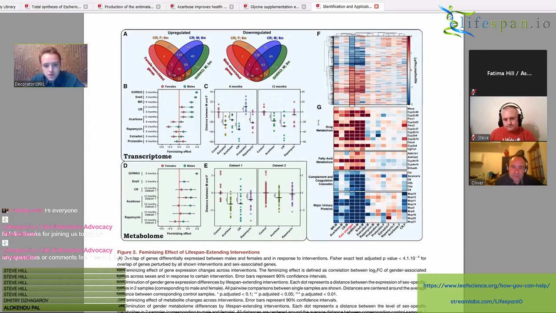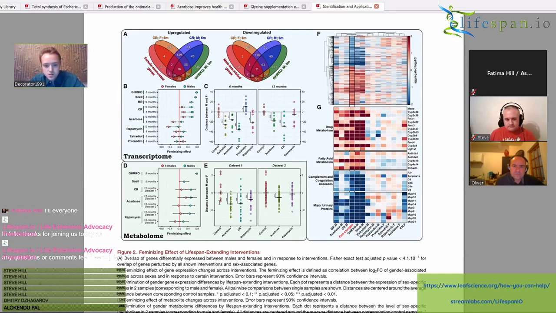You can see that in all cases except for protandim, there is a significant reduction of distance between males and females. Only in the case of rapamycin applied for 12 months do we see a non-significant decrease. It's a bit smaller, but not significant. In all other cases, there is a significant decrease.